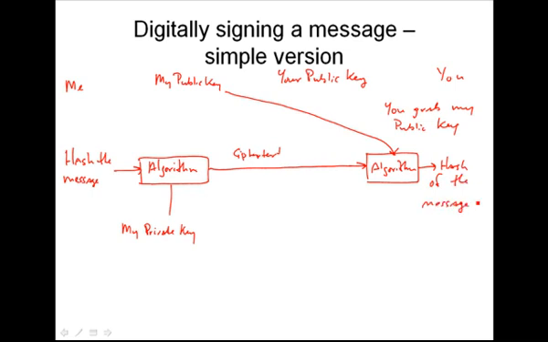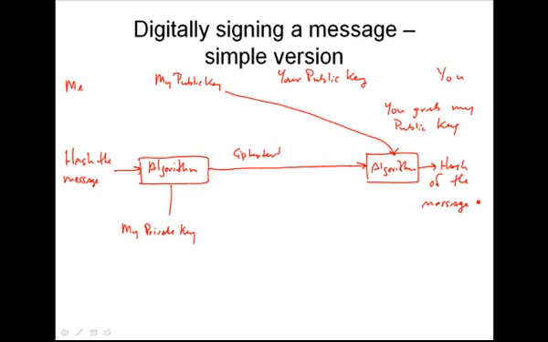Now you can take the message, which is now this. Remember, the message is actually separate from the digital signature. You can take the message, which may or may not be encrypted, like we did on the previous slide.